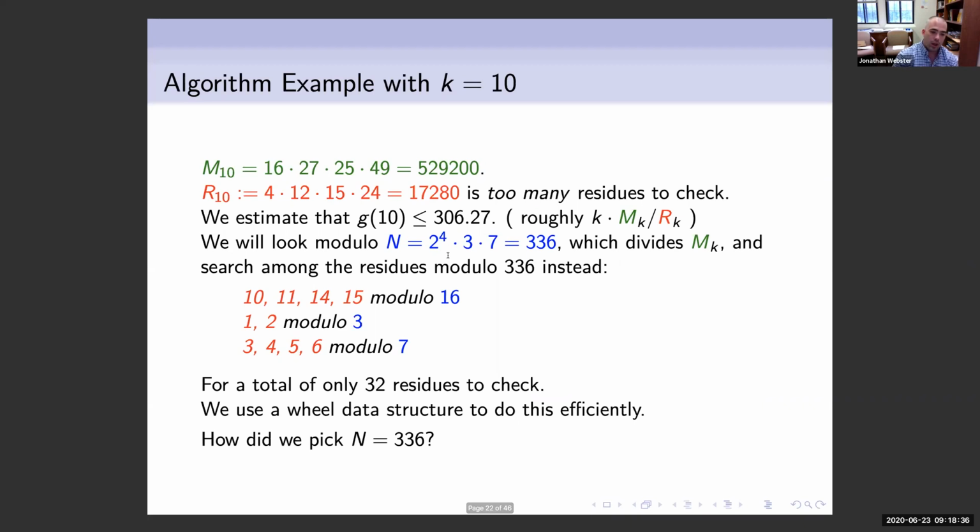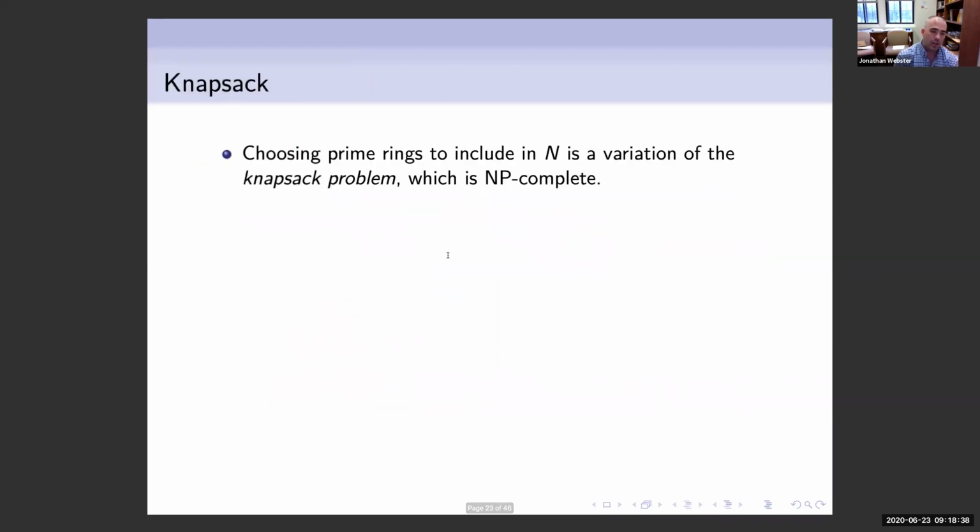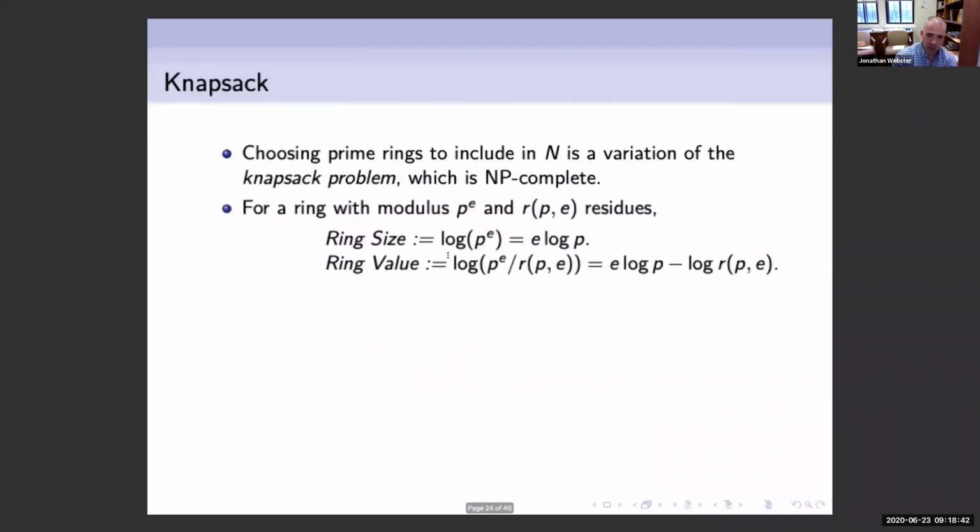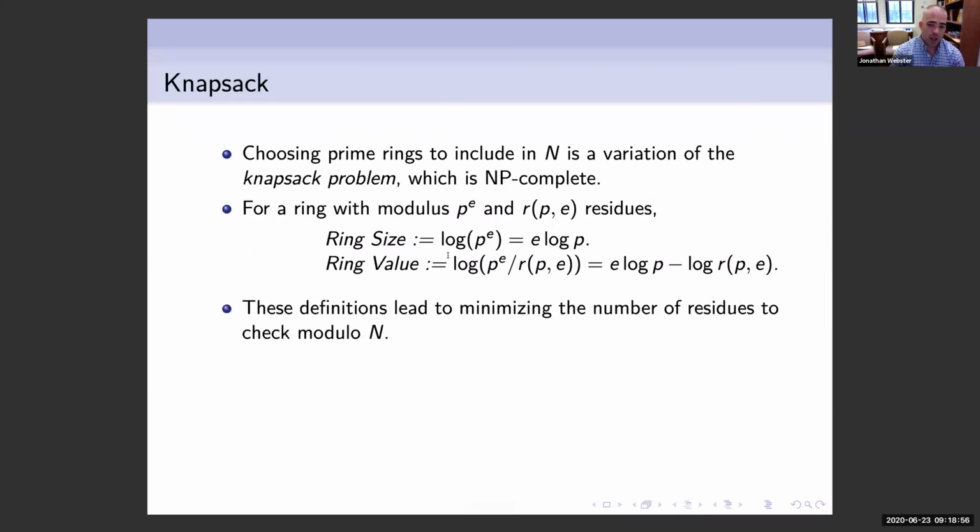And I'll explain how we picked 336. It's a knapsack problem. I'm not going to spend a lot of time going into this, but basically we just need to rank how powerful a given prime power modulus is based off of the number of admissible residues. And so we want to minimize the number of residues while constructing a big enough modulus that G of k will be in there.